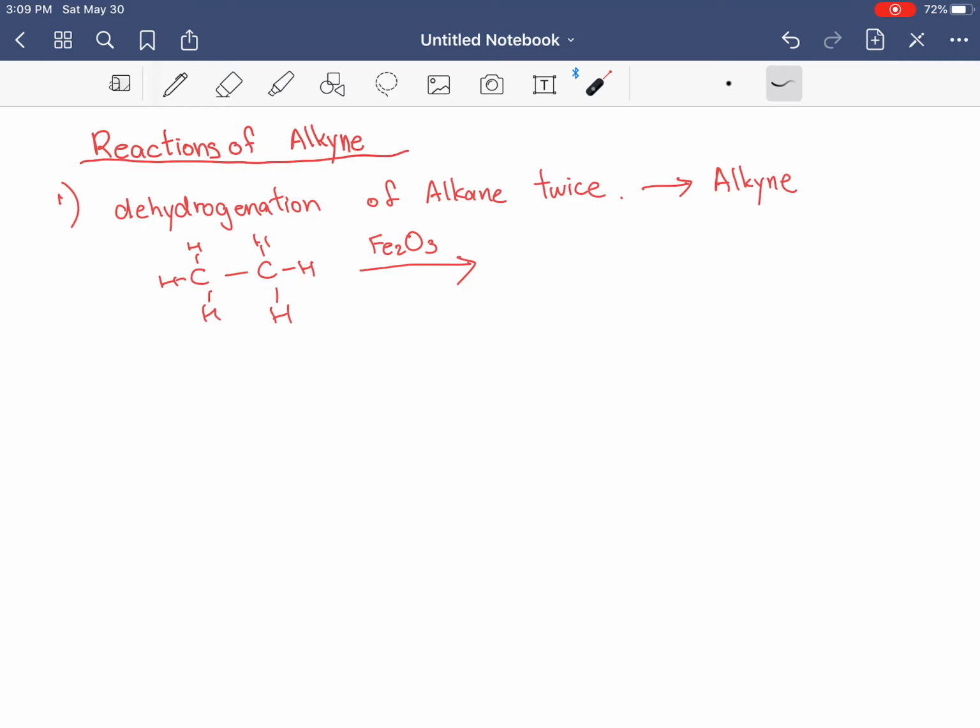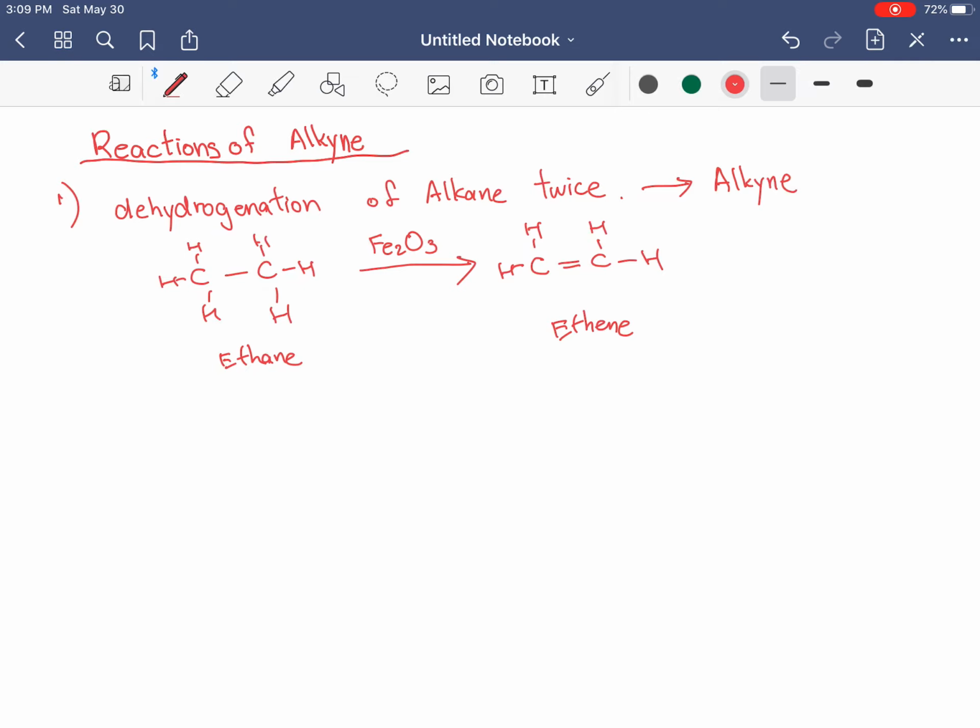As a result, this and this are going to be missing a bond, so they're going to double bond with each other. So you're going to get this. Okay, so you'll get an alkene. So you went from an ethane to an ethene.